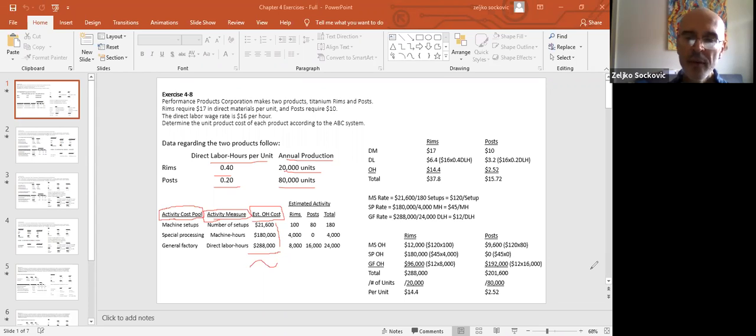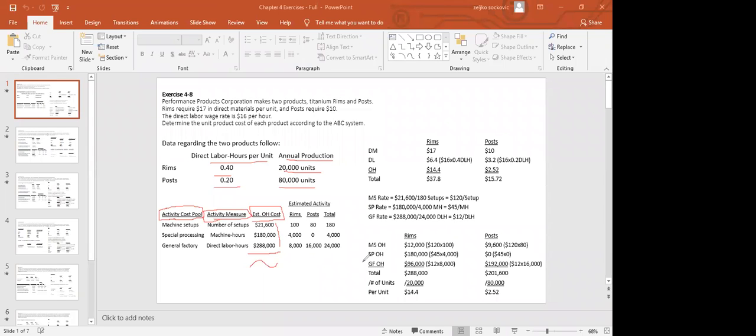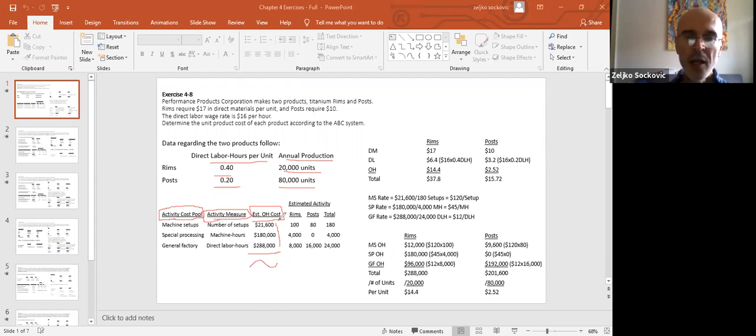Joseph, how would you find POHR for traditional costing in this example? Okay, Nicole. Nicole, go ahead. Yes, can it be total estimated manufacturing overhead over total estimated amount of allocation base? Excellent, Nicole. Excellent. Give yourself an extra point.